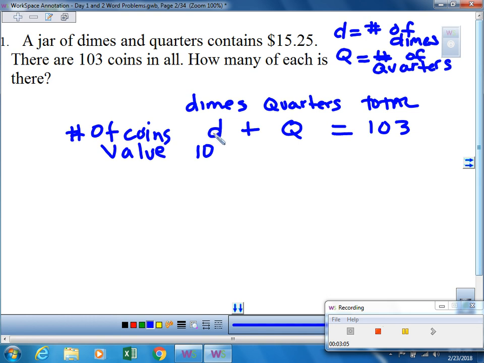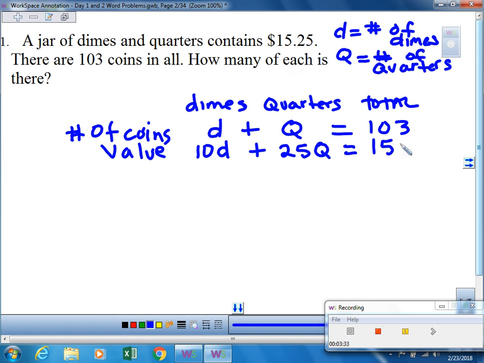I just don't know the number of dimes I have, but 10 cents times my D, which represents my number of dimes, is going to give me the value of my dimes. Plus, how much is a quarter? 25 times the number of quarters I have. And what's my value going to be?